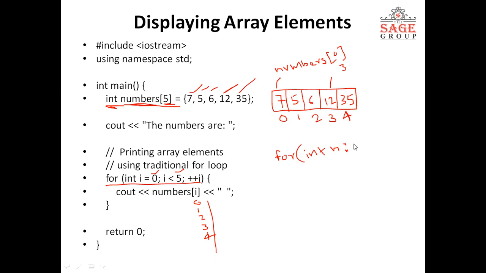Fine. And then the name of the array, that is numbers. Okay, fine. And you will have to write cout n. So this line of code, cout n.